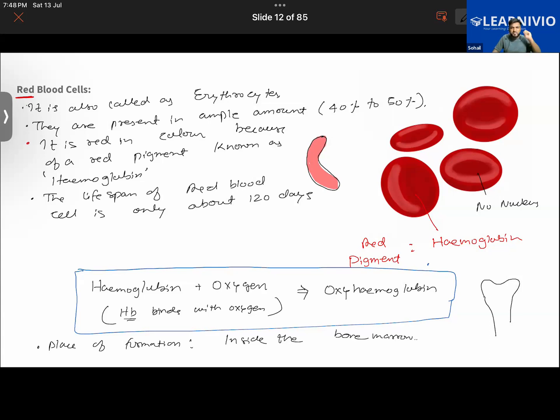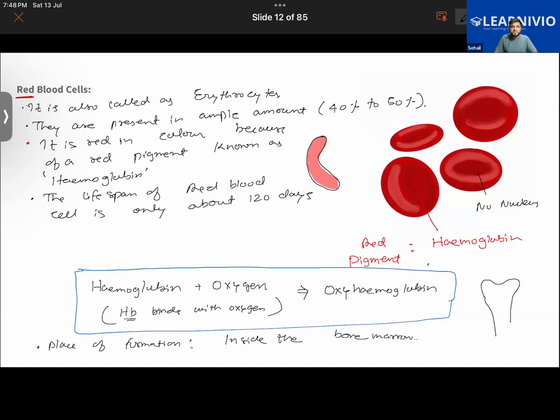Usually doctors would be diagnosing and monitoring the bone marrow. In some types of cancers, they would study the bone marrow. So yes, it can help in detecting and diagnosing whether a person is suffering from cancer or not, particularly if it's blood cancer.